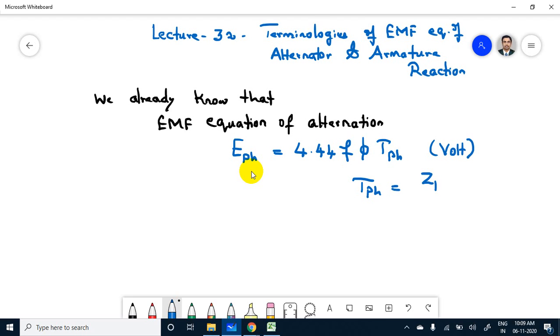T phase means number of turns per phase. It is given by the formula Z phase divided by 2, where T phase is the number of turns per phase.